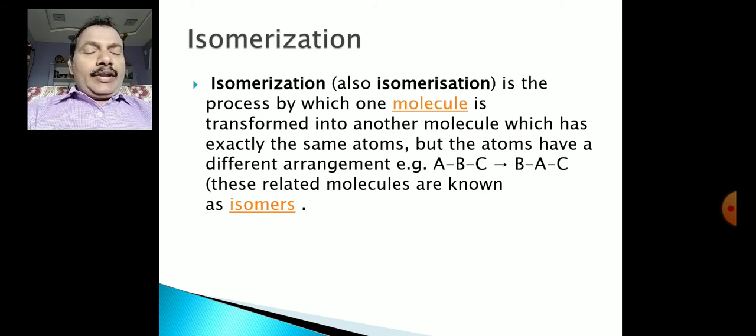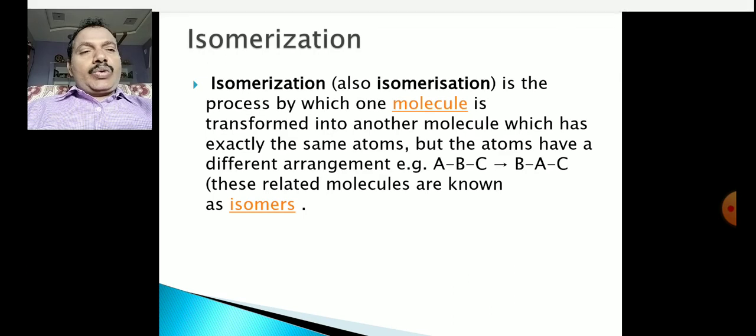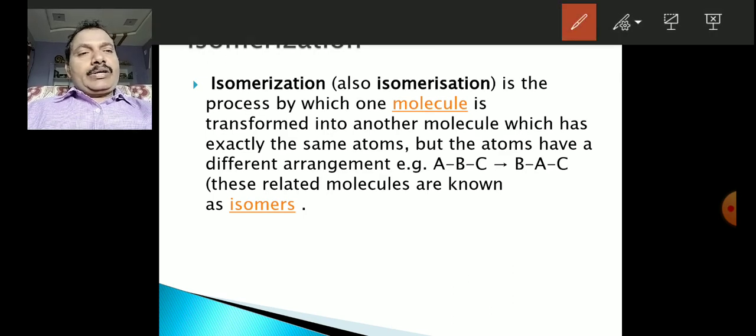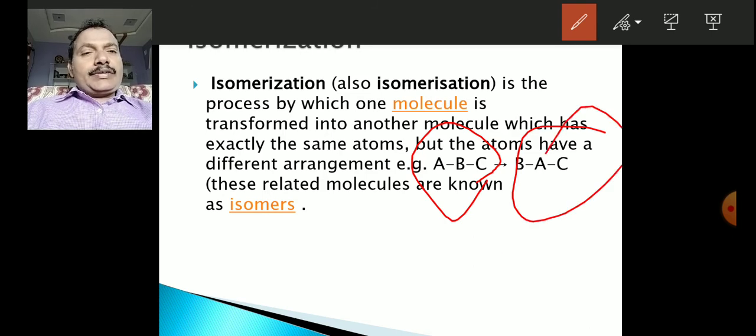For example, atoms ABC are arranged in the sequence ABC, and if you do isomerization, what we get is BAC. Hence these are called isomers. This is one isomer, this is another isomer, because they are related molecules.